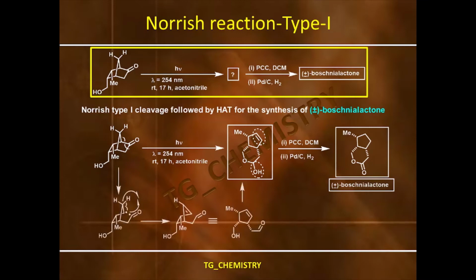The mechanism proceeds in the following way: the alpha scission, the common fate for the Norrish type 1 reaction, proceeds first, and then the biradical generated by alpha scission abstracts a hydrogen atom and forms the terminal aldehyde-containing compound.